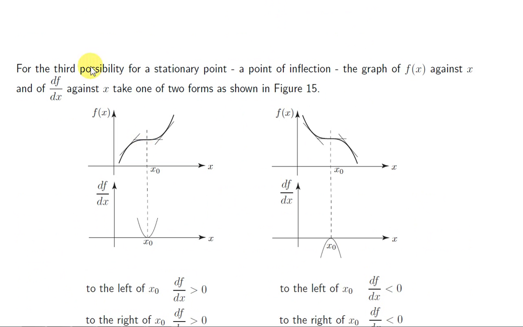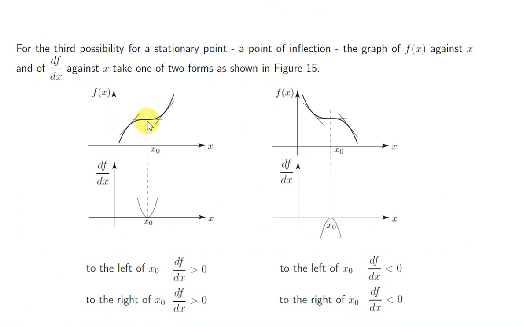Now let's consider the third possibility. Here we have a stationary point of this function at x0. We can see the tangent is horizontal, so the first derivative is 0 at x0. This is not a local max or a local min. For values of x less than x0, the derivative is positive. The tangents have positive slope. For values of x greater than x0, the tangents also have positive slope.